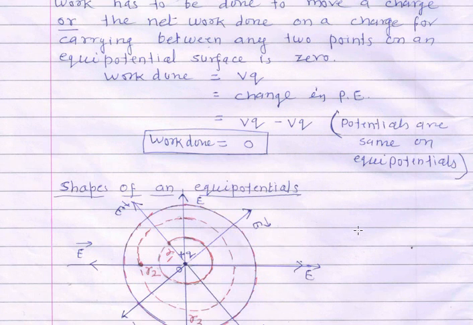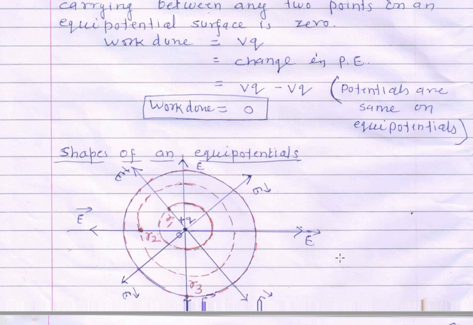What happens if they are not at right angles to each other? If this electric field is not at right angle to the equipotential surface, then what will happen? There must be a component of the electric field in the direction of the surface. And if we are saying every point on the circle is at equipotential, then work would have to be done to move the charge from one point to another.